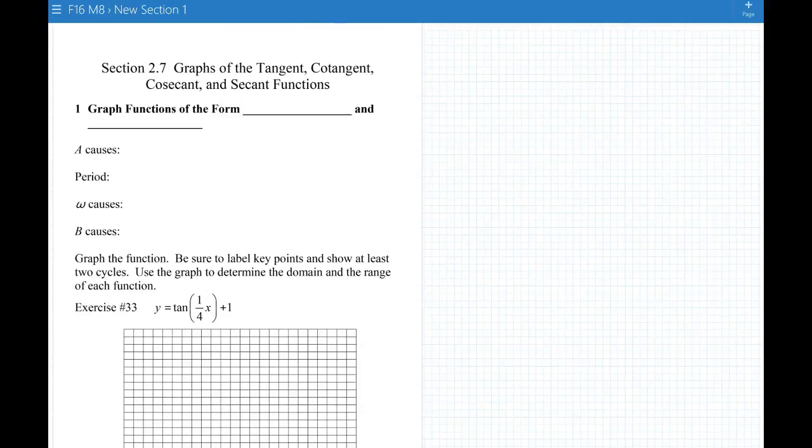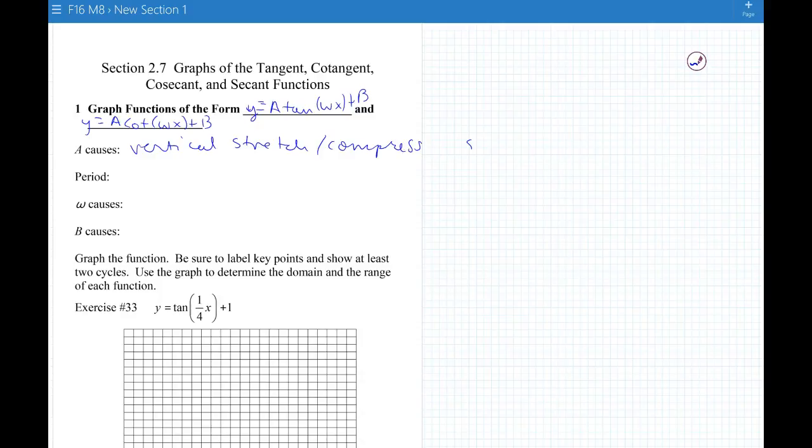So we're going to graph functions of the form y equals a tangent of omega x plus b, and y equals a cotangent of omega x plus b. So a causes a vertical stretch or compress: a stretch if a is bigger than 1, a compress if a is between 0 and 1.